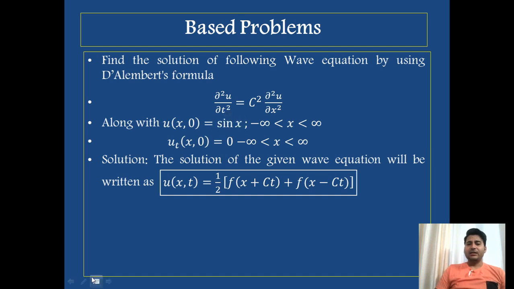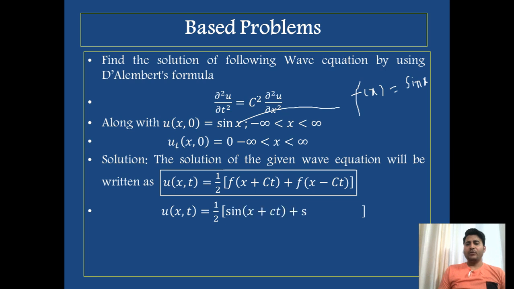So what will be the value of f of x plus ct? It will be sin of x plus ct. So put them in there. So u(x,t) will be 1 upon 2 times sin(x plus ct) plus sin(x minus ct), which is the solution of the given wave equation by using D'Alembert's formula.